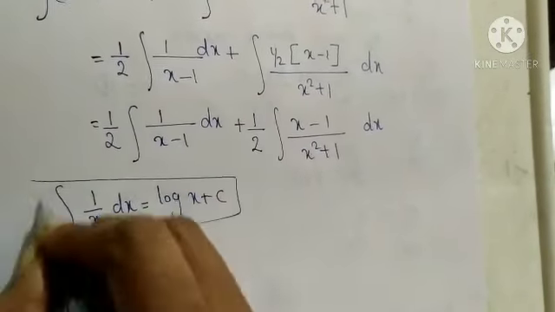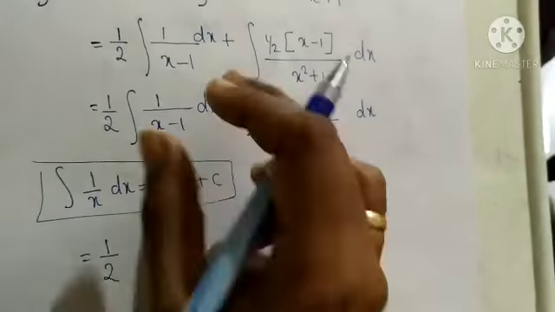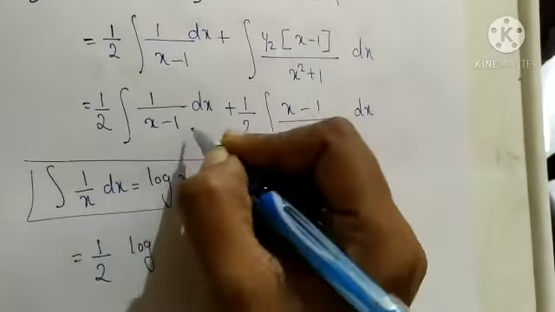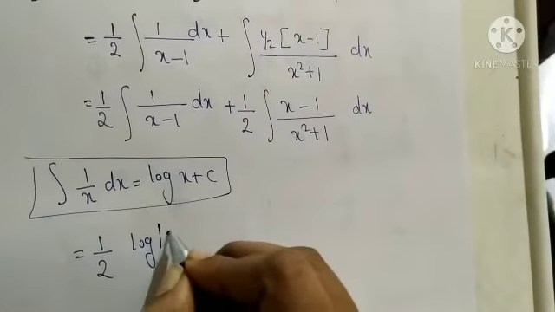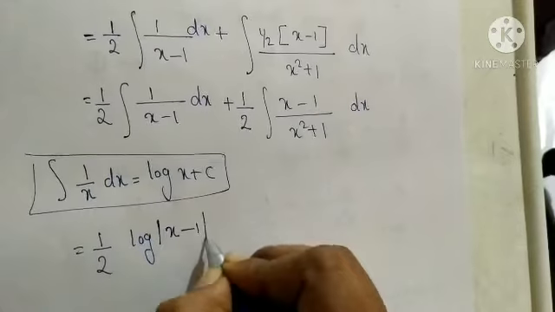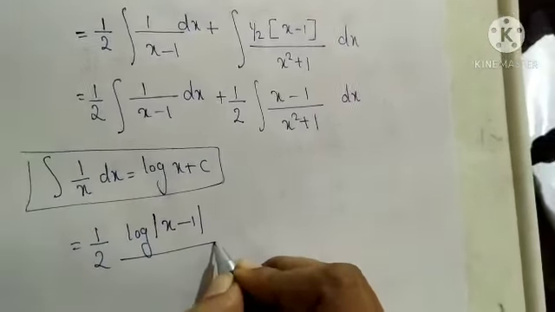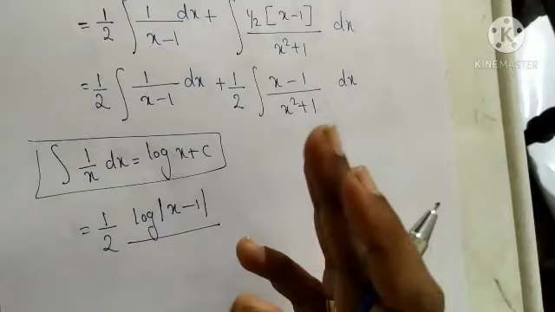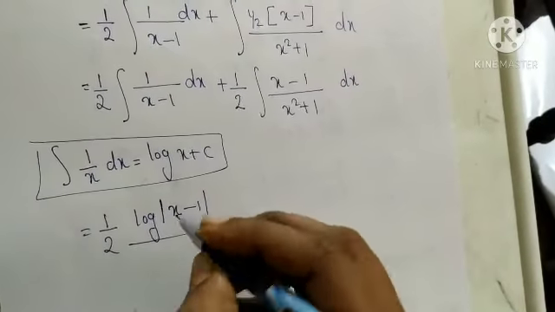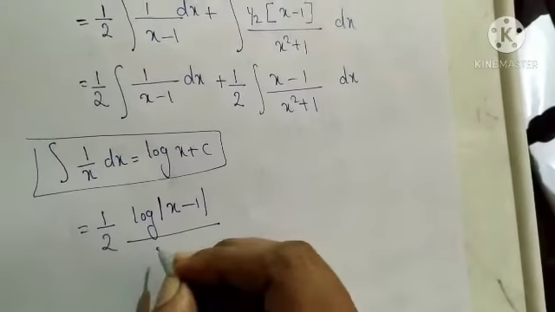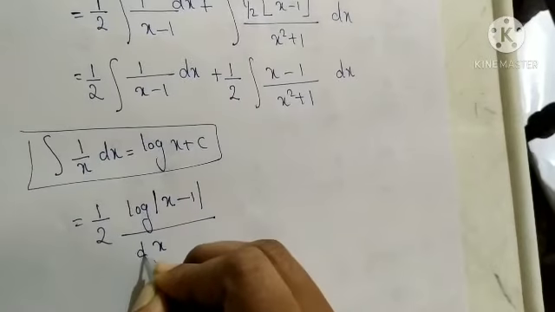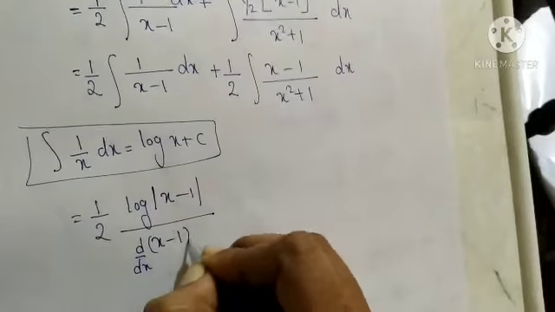So here we get the first term, 1 by 2 log, replacing this x by x minus 1. Here we get log mod x minus 1, and x minus 1 is another function. We need to differentiate the value of x minus 1 and write it in the denominator of this log of x minus 1, d by dx of x, using the chain rule.